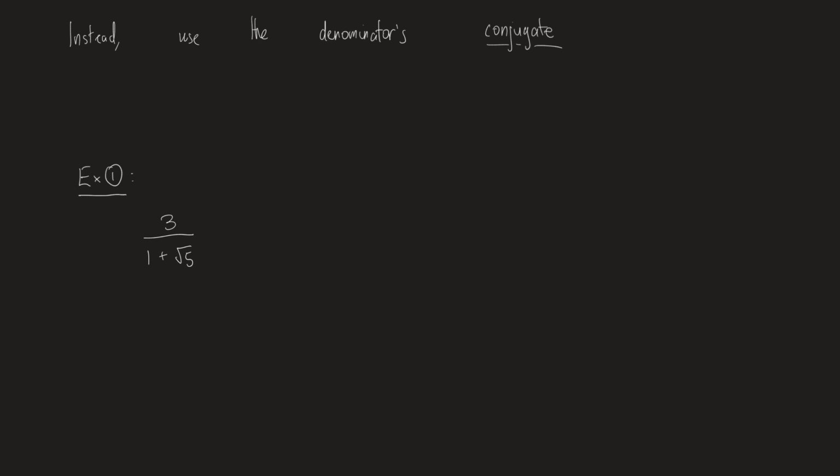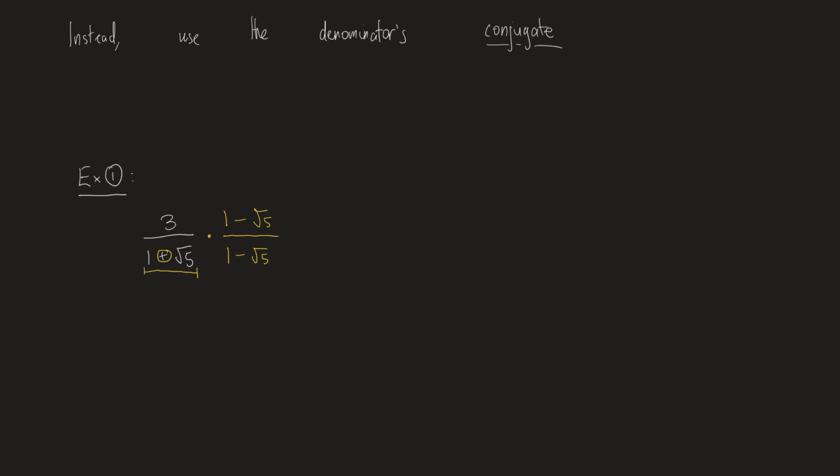I'm still going to use my trick. I'm going to multiply by something that is effectively 1, but what I'm going to do is take that denominator and replace that positive sign with a minus sign. So I'll turn it into 1 minus root 5 and multiply by that fraction.